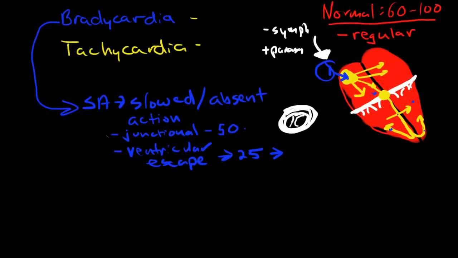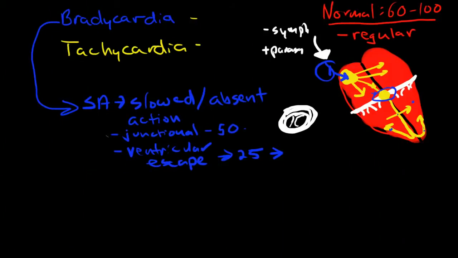Another cause of bradycardia is blockage of conduction from the SA node. The most common place of blockage is dysfunction of the AV node. Now, this may be caused by ischemia or fibrosis from a prior MI, or from myocarditis from a viral infection, or anything that can damage the myocardium can damage the AV node.